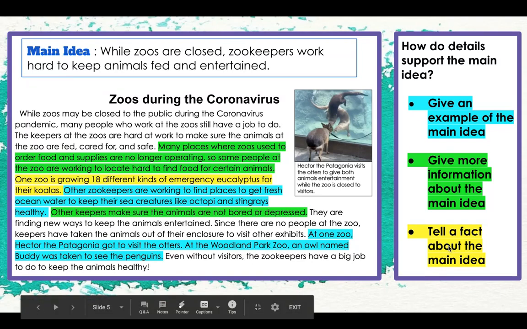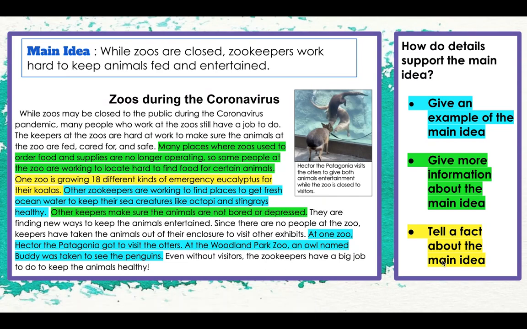Now, this yellow part is telling facts about the main idea. So facts usually have like numbers or information that is not an opinion, that can be proven. So one zoo is growing 18 different kinds of emergency eucalyptus for their koalas. So it's a fact they're growing 18 different kinds of emergency eucalyptus.